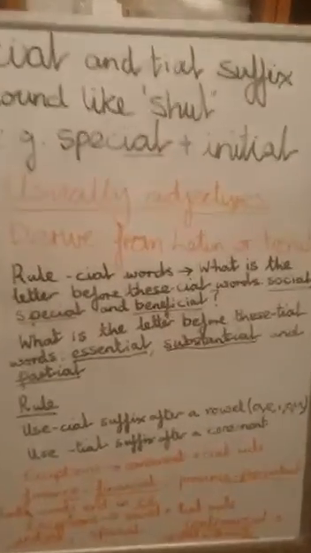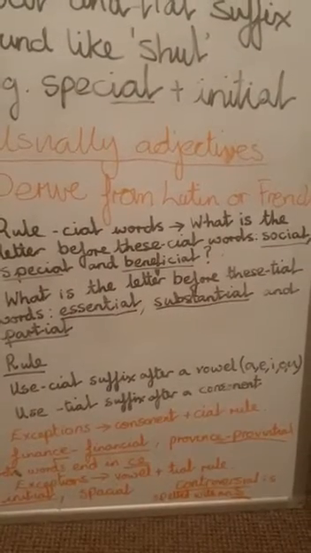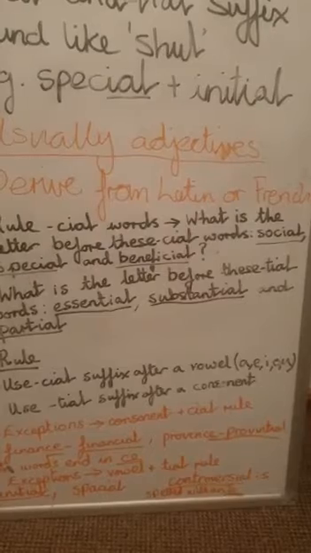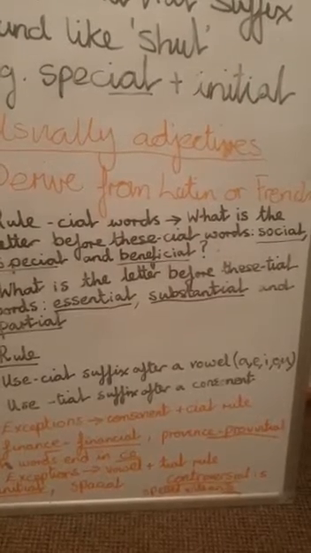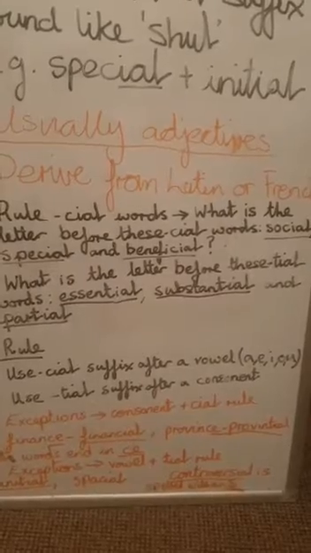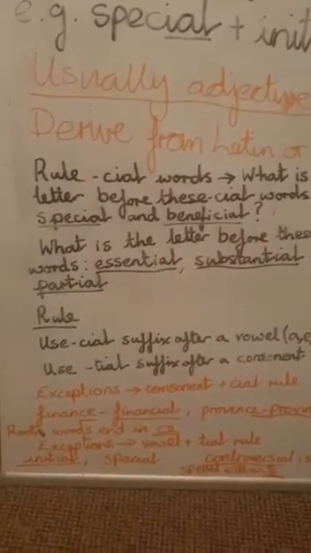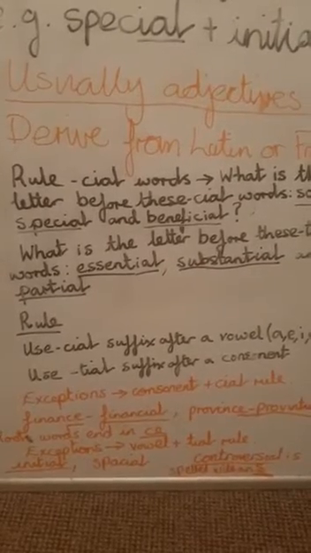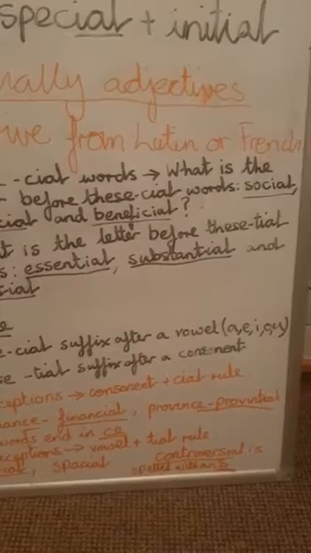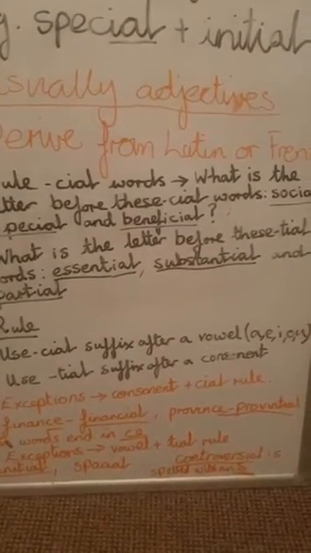Remembering that rule, CIAL words, that suffix comes after a vowel. TIAL suffix comes after a consonant. Remembering those CE root words like finance and province, we drop the E and it gives us financial and provincial.